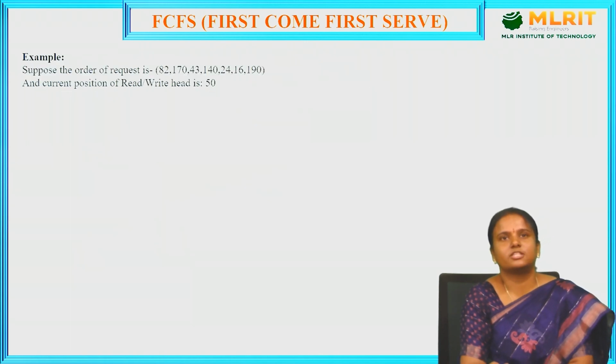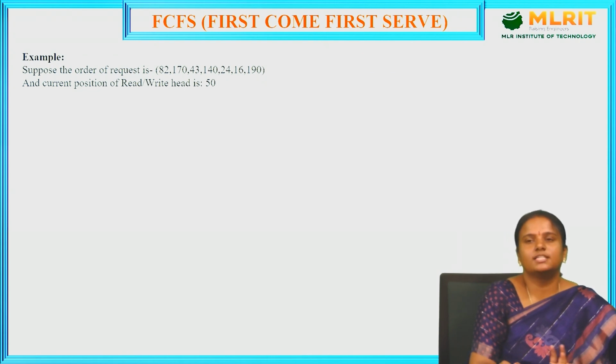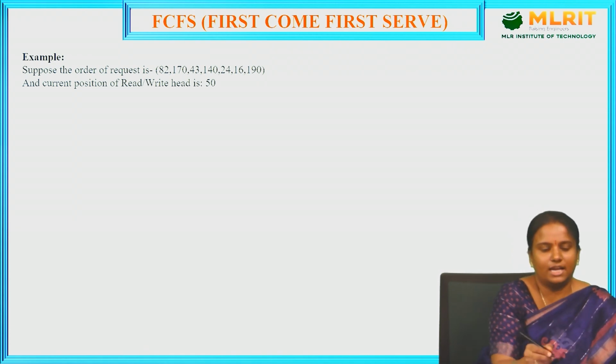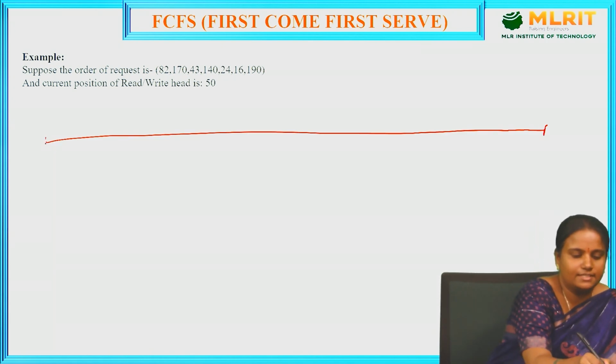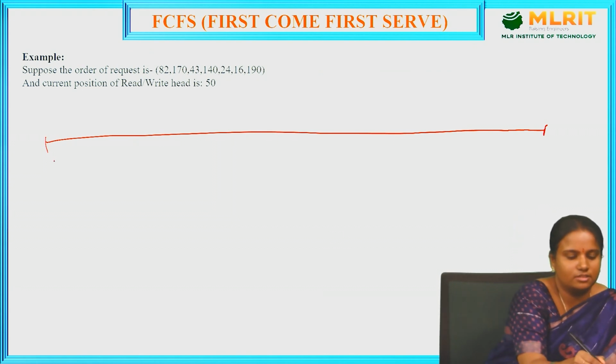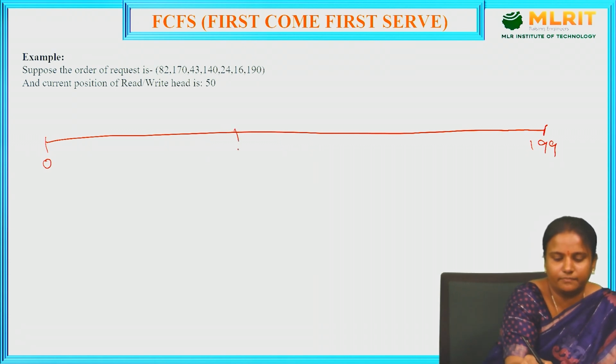Suppose the order of requests is 82, 170, 43, 140, 24, 16 and 190. These are the 7 disks given to solve the problem, and the current position of the read write head is 50. This is the disk, and we need to place each request. Starting from 0, the last is 199. The head is 50.